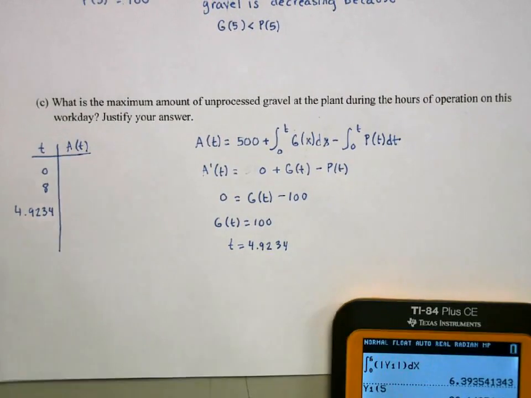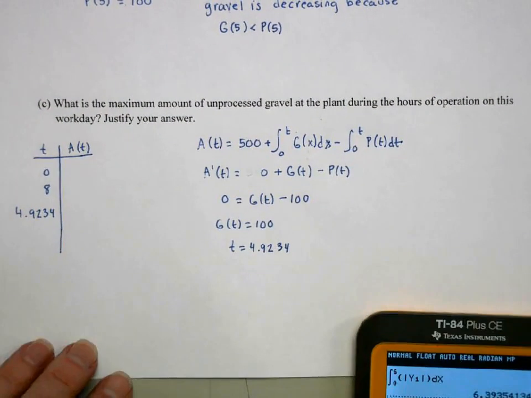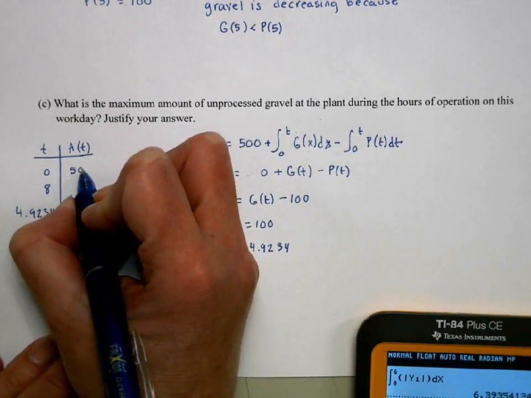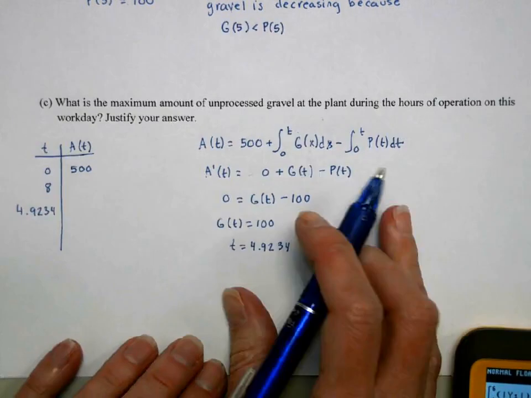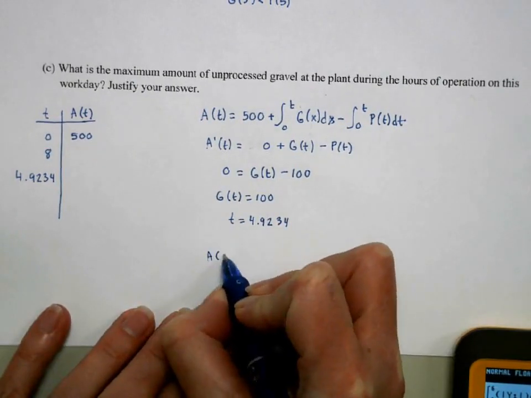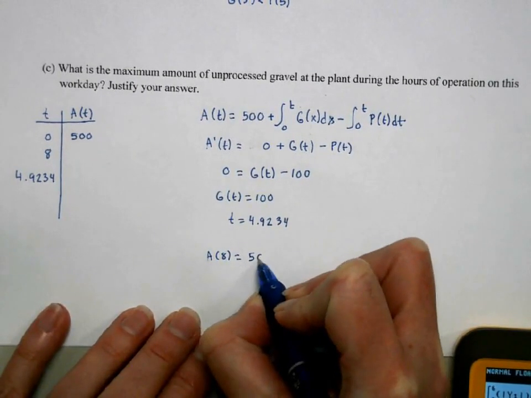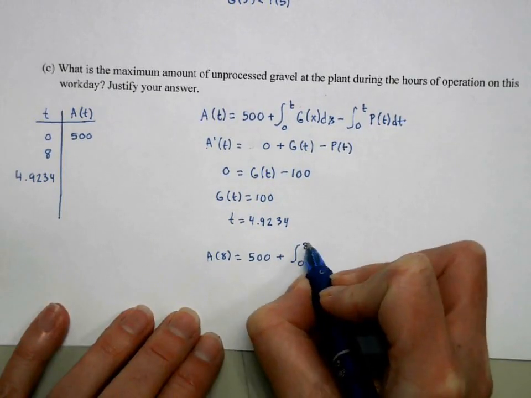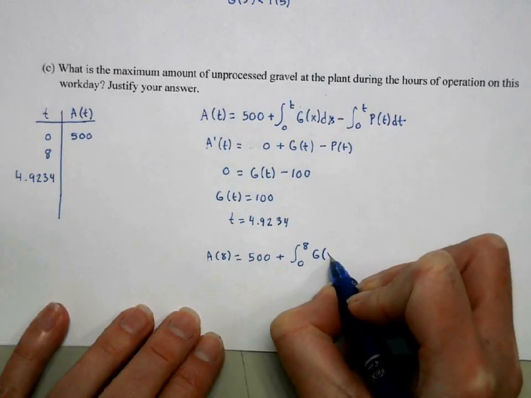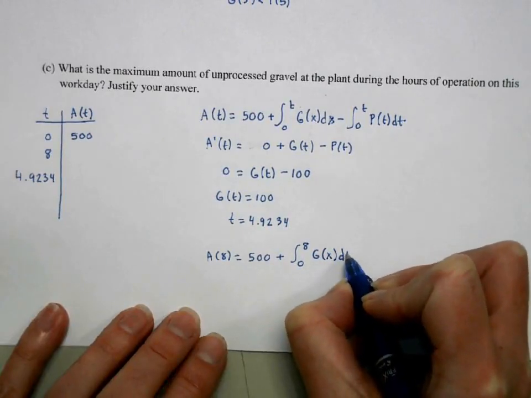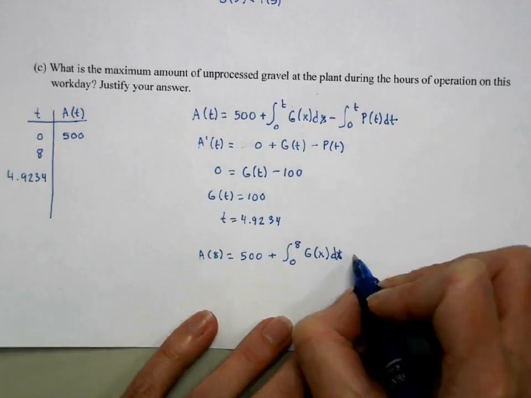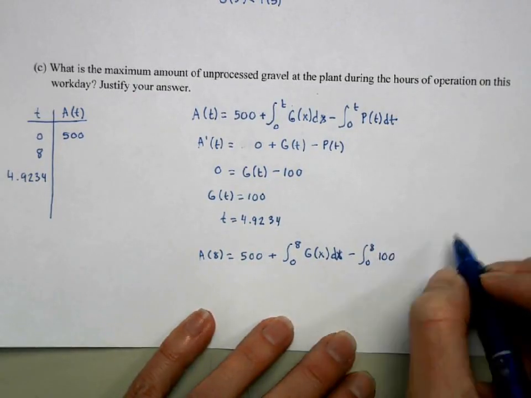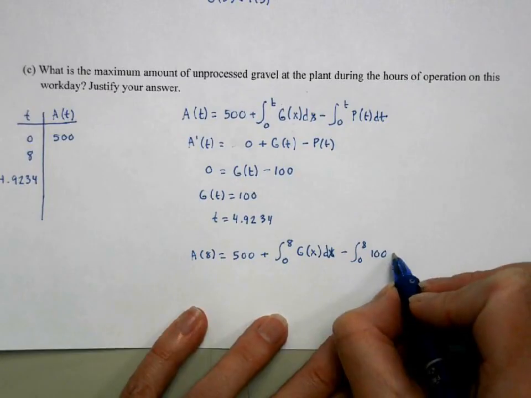Right. So the amount at 0, I don't have to do a calculation. That's just going to be 500. My amount at 8 is going to be that 500 plus the integral from 0 to 8 of my g function minus the integral from 0 to 8 of 100, which is just going to be 800, but we'll let that work.